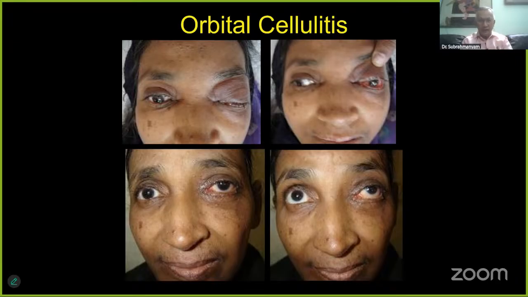After chemo reduction, you may be doing an exenteration or extended enucleation and continuing the chemotherapy. So the treatment depends on what the pathology is, and to be sure about the exact pathology, CT scan is a must for every suspected case of orbital cellulitis.